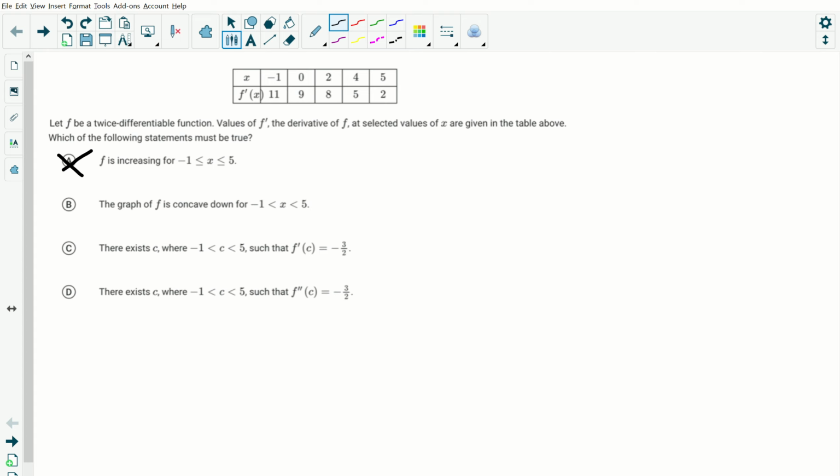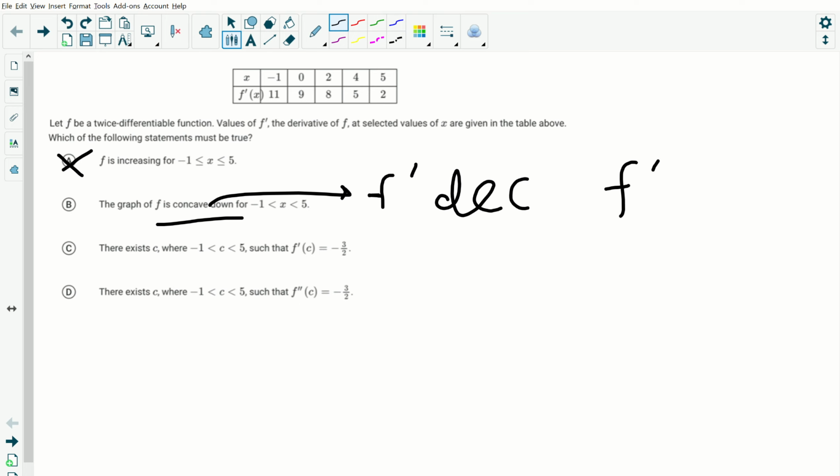Choice B: the graph of f is concave down for that interval. Just to reiterate what concave down means, a function is concave down when its derivative is decreasing. Another way of saying that is the second derivative is negative. Looking at the f prime values here, they do certainly decrease: 11 drops to 9, drops to 8, drops to 5, drops to 2.